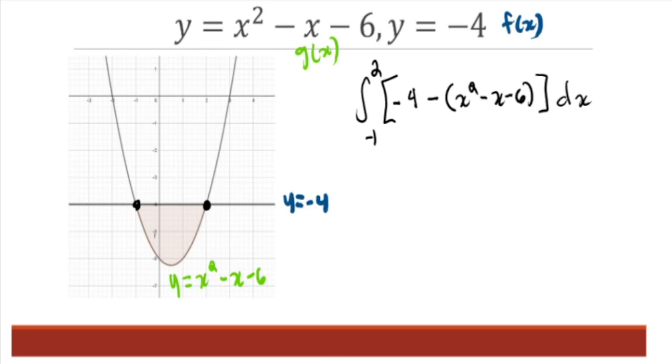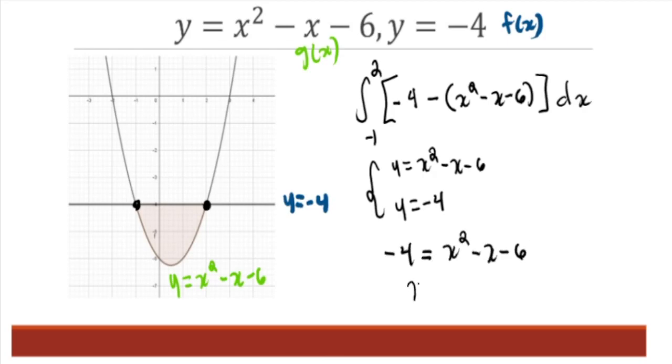We can solve it algebraically. We can treat the two equations as a system and solve for x. So we can use the substitution method to solve for x. So x squared minus x minus 2 equals 0.